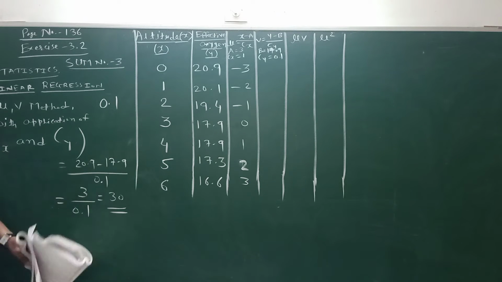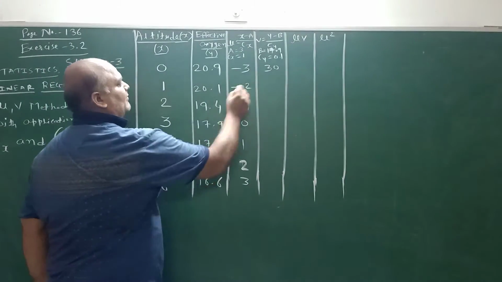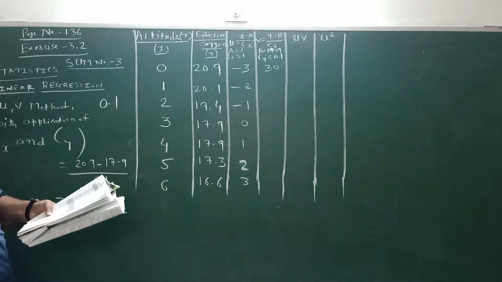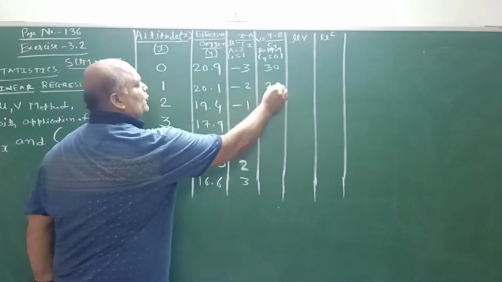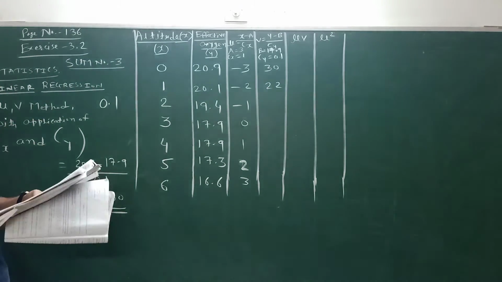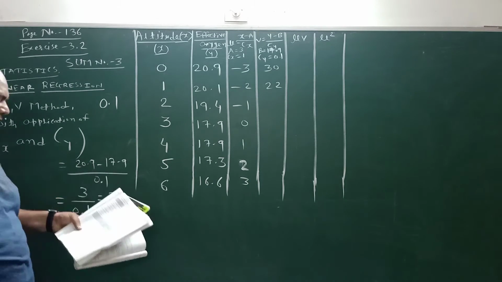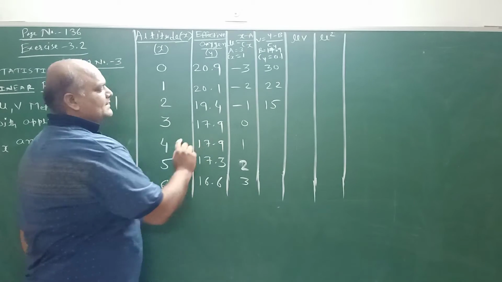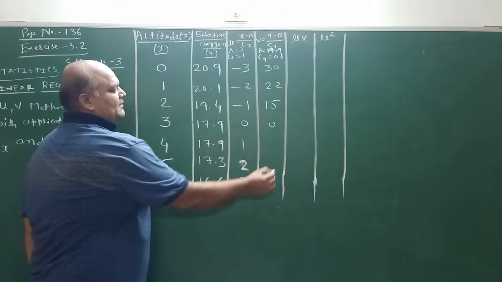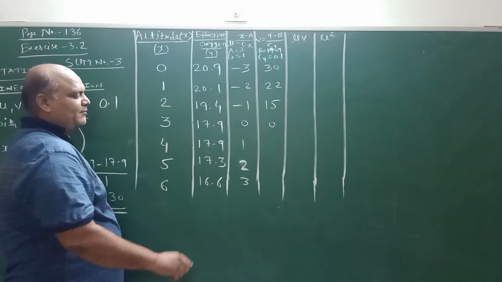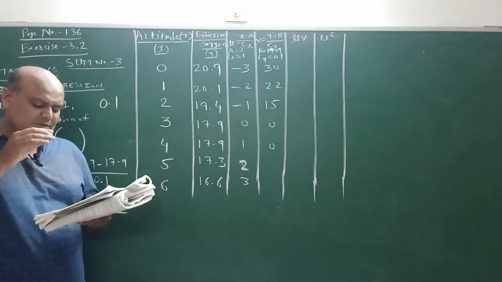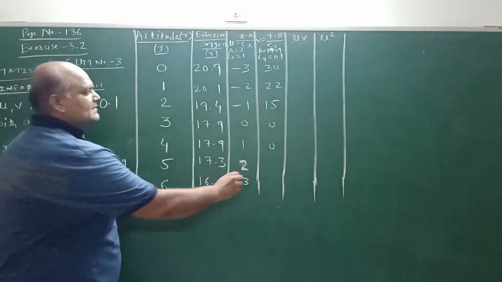So it is 30. 20.1 minus 17.9 divided by 0.1, finally it comes 22. You can do it by calculator. 19.4 minus 17.9 divided by 0.1, finally we got 15. 17.9 minus 17.9, that is 0. 0 divided by 0.1, 0. 17.9 minus 17.9, 0. 17.3 minus 17.9 upon 0.1, the final answer is minus 6.